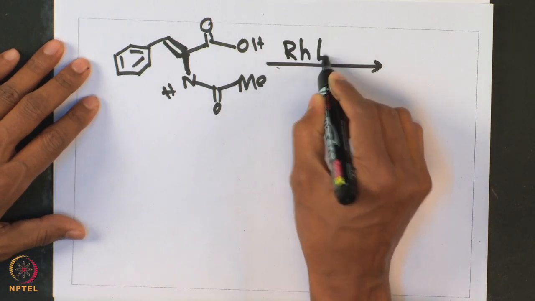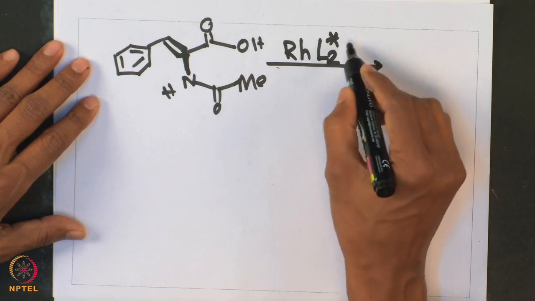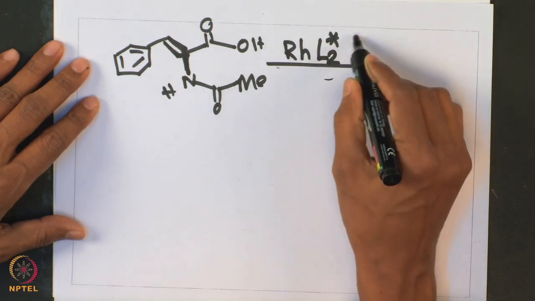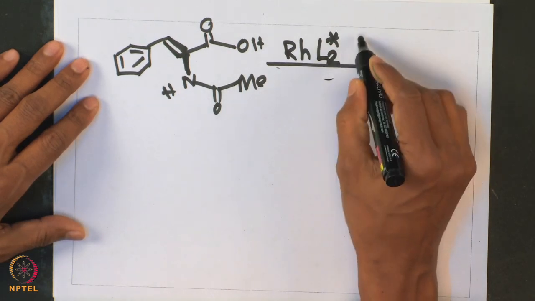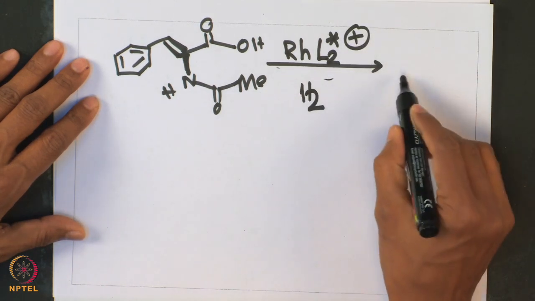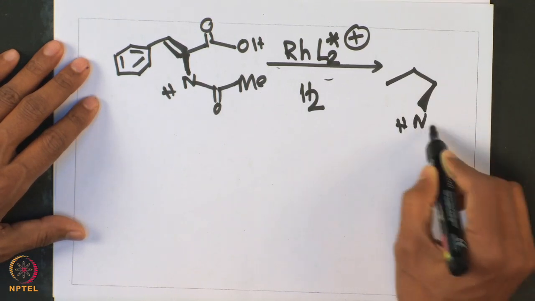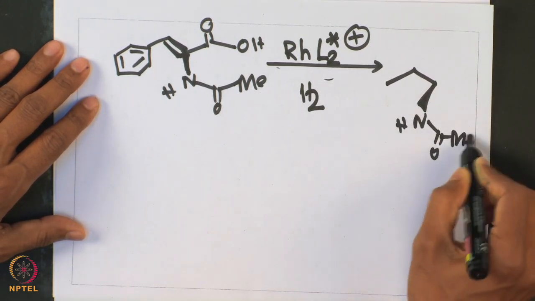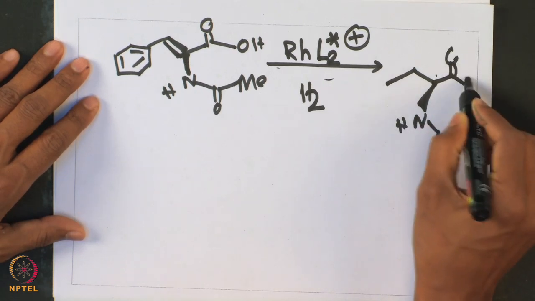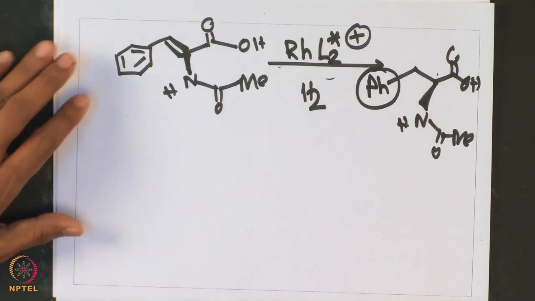The catalyst that will be used is the rhodium complex with the dicoordinated ligand. Of course, this is a chiral ligand and you have a cationic complex. We use hydrogen to give overall a species that is going to be very interesting for asymmetric reaction. Okay. So, we are just putting phenyl over there.